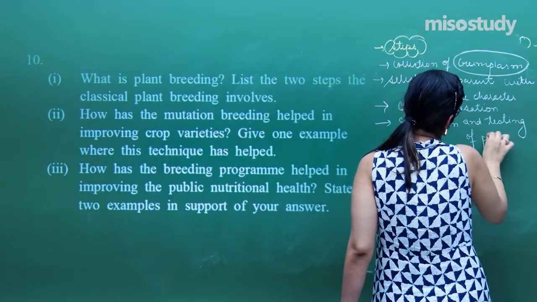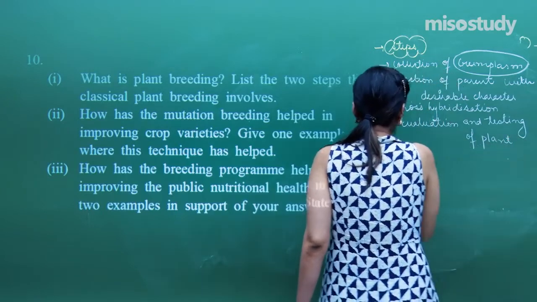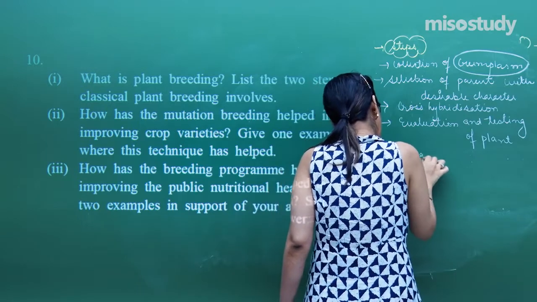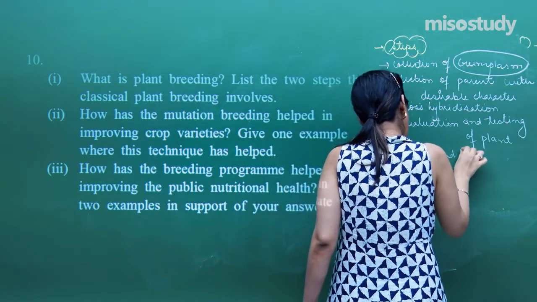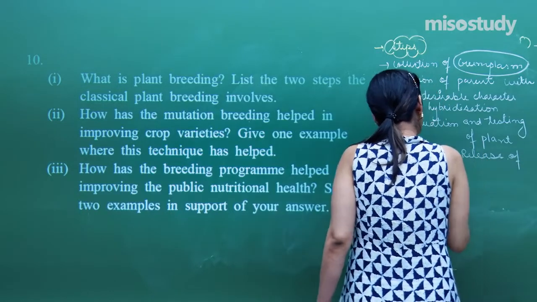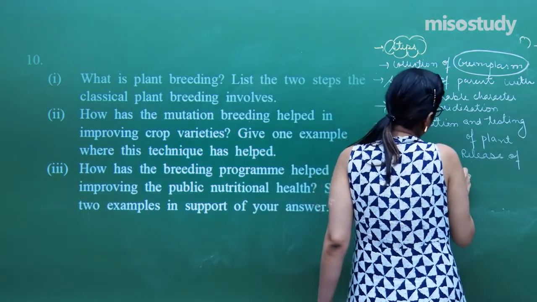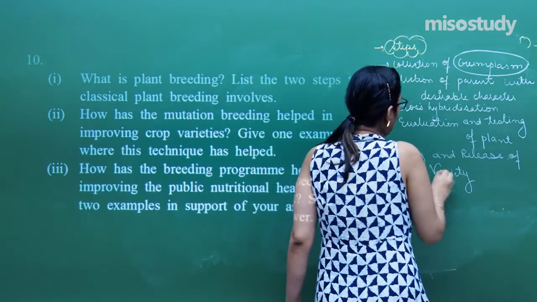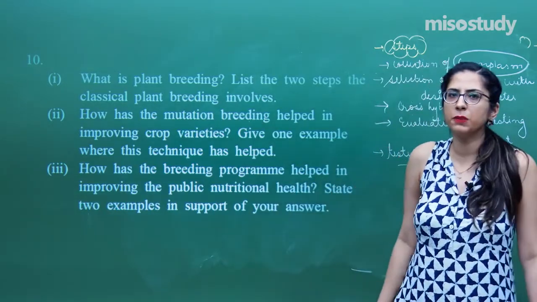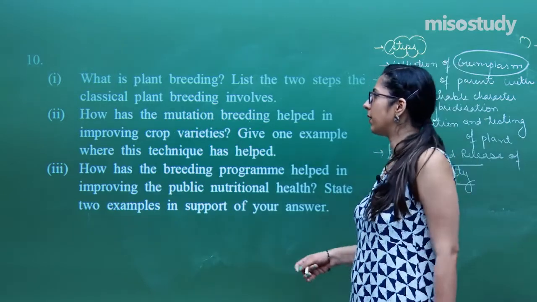After that is testing and release of variety. Suitable varieties will be released after particular certification. We have discussed each of these points in detail, so you have to explain like this.